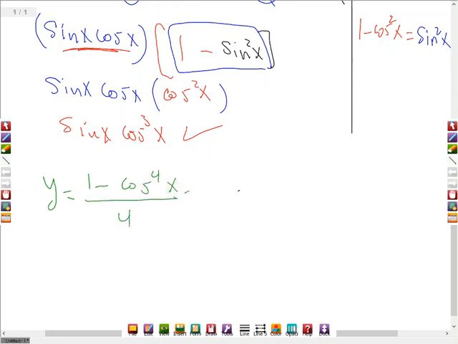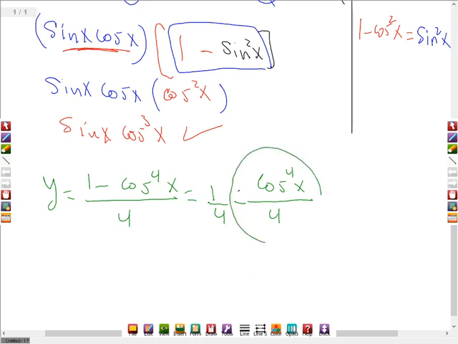I'm going to distribute the denominator: 1 over 4 minus cosine to the fourth x over 4. Just remember, we did this in the first one we did.